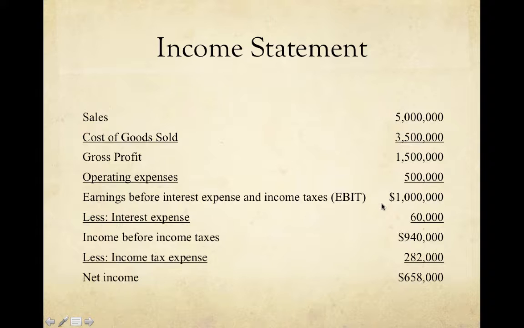And that's basically equivalent or almost equivalent to operating income, which I've mentioned in class several times. Now in order to arrive at net income from earnings before interest and income taxes, you have to subtract two more things. You have to subtract interest expense and income tax expense to arrive at net income. And net income is one of the variables to calculate earnings per share.